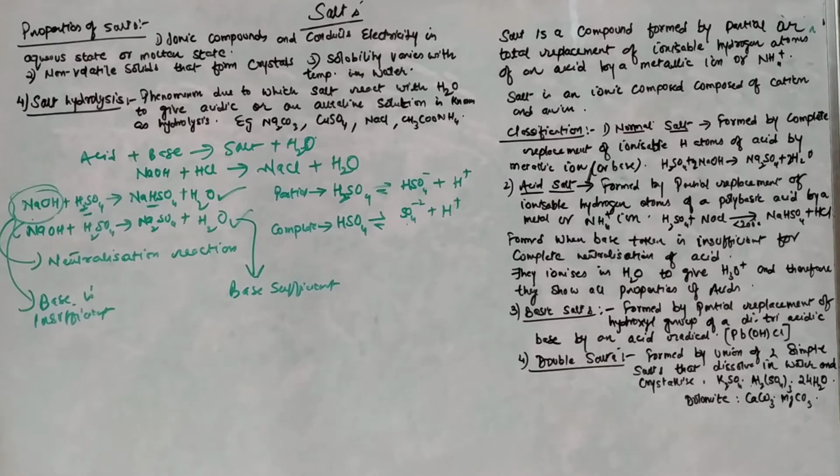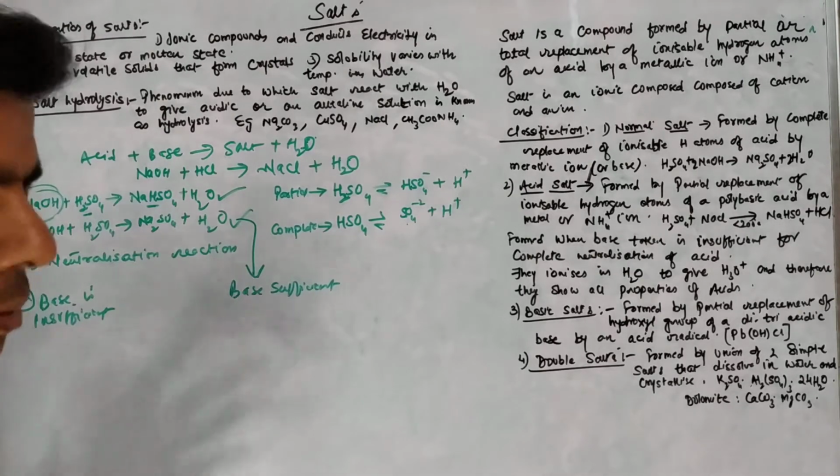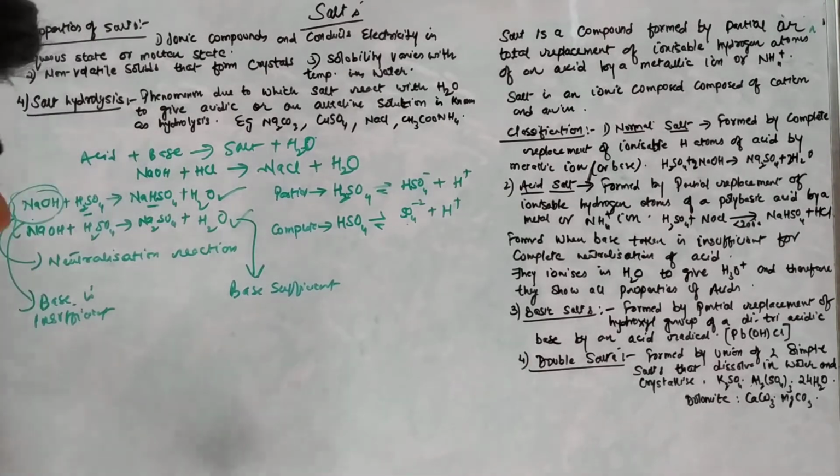So this is partial replacement of hydrogen atoms, and this is complete replacement of hydrogen atoms by a metal ion coming from the base, sodium hydroxide, or if it's ammonium hydroxide, an ammonium ion, that's why it says ammonium ion, right. Now this is salt, and what other things do we know about salt?